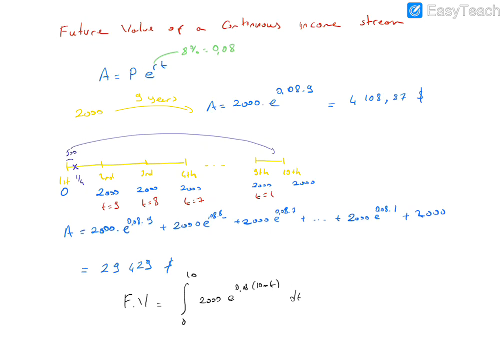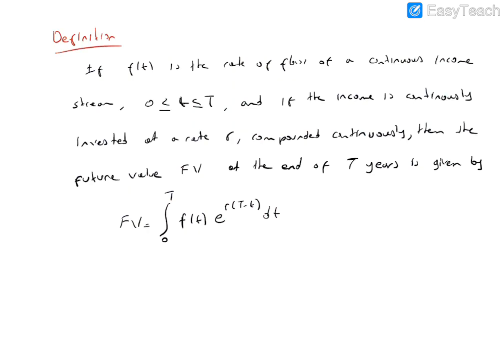So this can be considered as a continuous summation. Instead of the sum, we use the continuous sum. Here r and capital T are constant, so you can write them outside of the integral: e to power rT times the integral from 0 to T of f(t) e to power minus rt dt. So this formula can be used to calculate the future value.